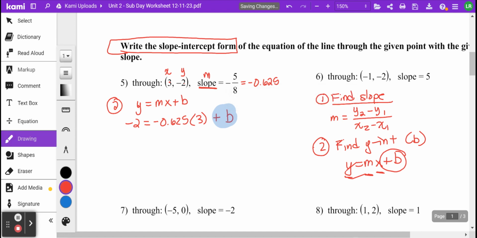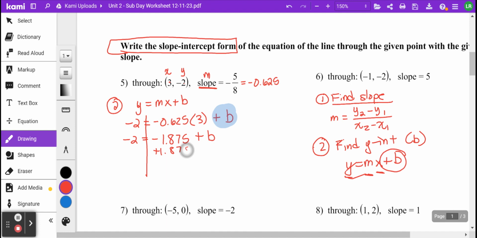That's the only thing we don't know yet. So let's start by multiplying. We got negative 2 equals negative 0.625 times 3, which is negative 1.875.